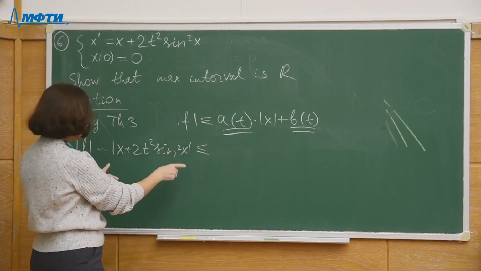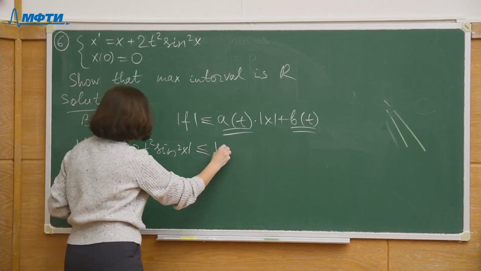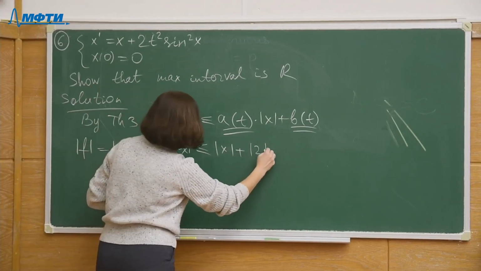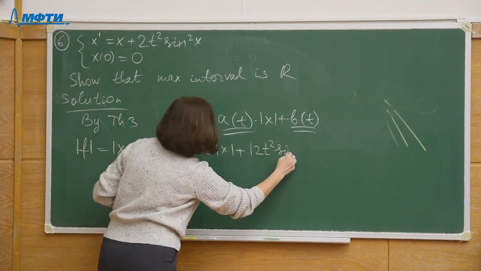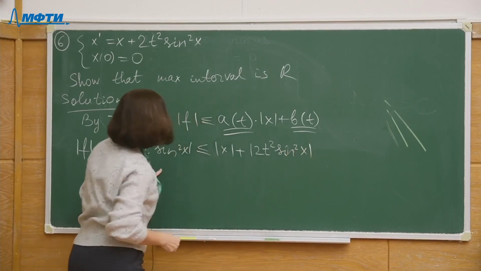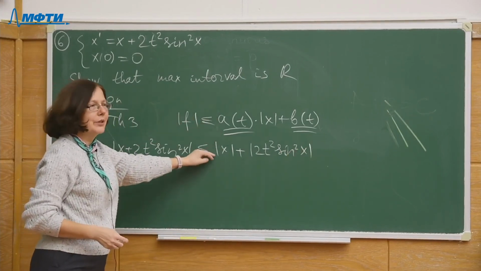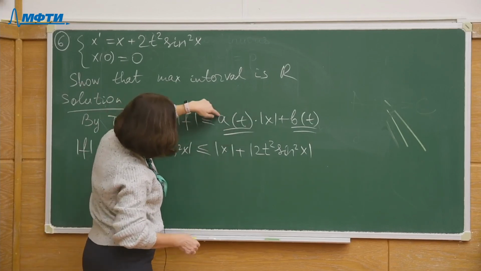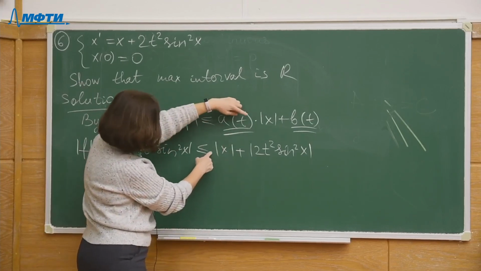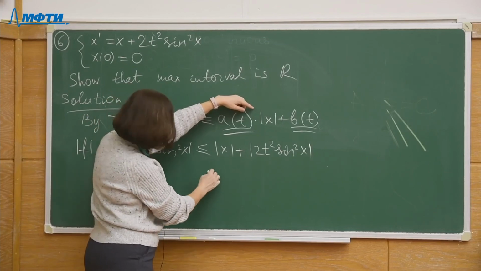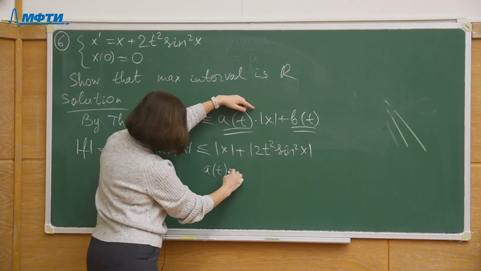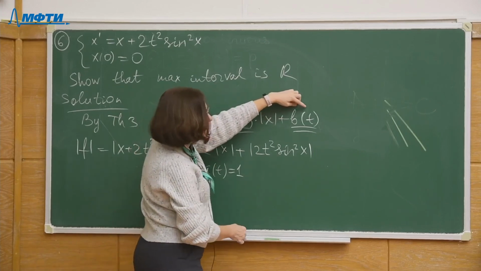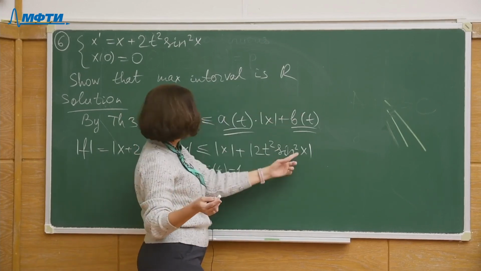By the triangle inequality, it is less than or equal to the absolute value of x plus 2t squared sine squared x. If we compare these two inequalities, then we can see that a is the coefficient of the absolute value of x. So a of t can be taken to be 1. What about b? b must depend only on t, not on x.